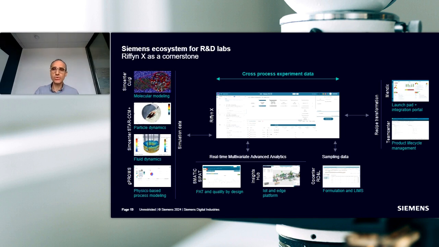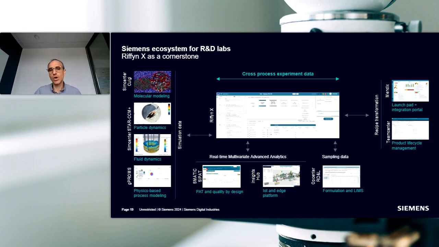This constitutes the simulation data that we can bring together in a hybrid model with the real data that we're capturing from Riffyn. And we'll be able to aggregate and incorporate all this data together in a way that lets us validate the model from simulation or reduce the number of physical experiments because we already have simulated data.